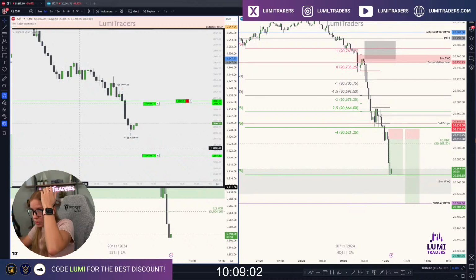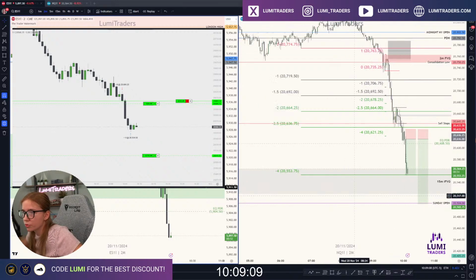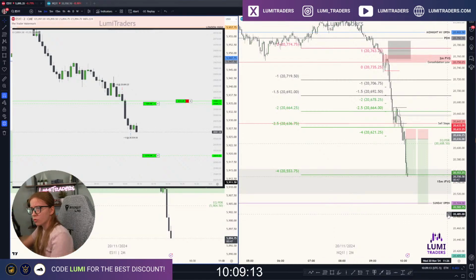Why do I look for this? Because we got our inversion. We closed below this level, so I anticipated a lower move. Also, we got the first deviation right here. I'm sorry, guys. Let's see if we make it to test weekly open.